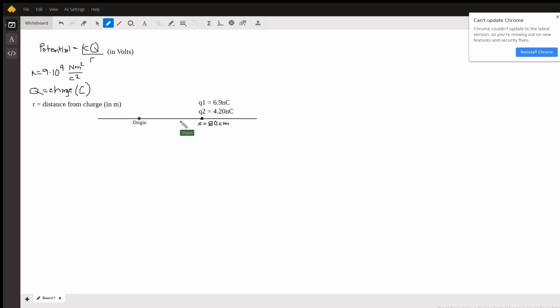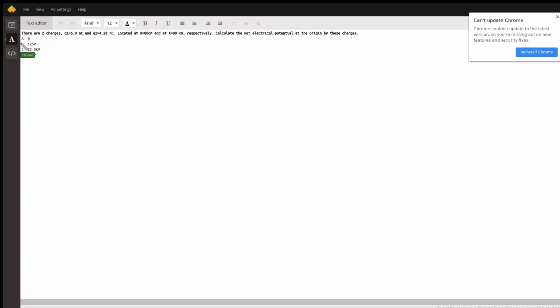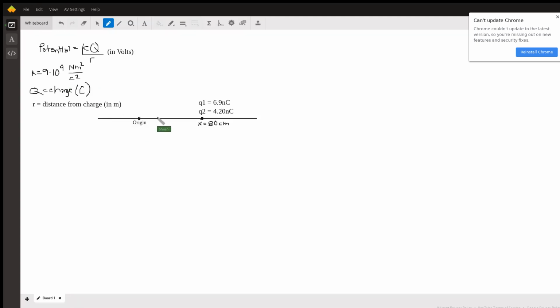So as long as the charges have units of coulombs and the distance has units of meters, the value of the potential that we calculate is in volts. So now the potential at the origin is the sum of the potentials exerted by Q1 and Q2. So V from Q1.